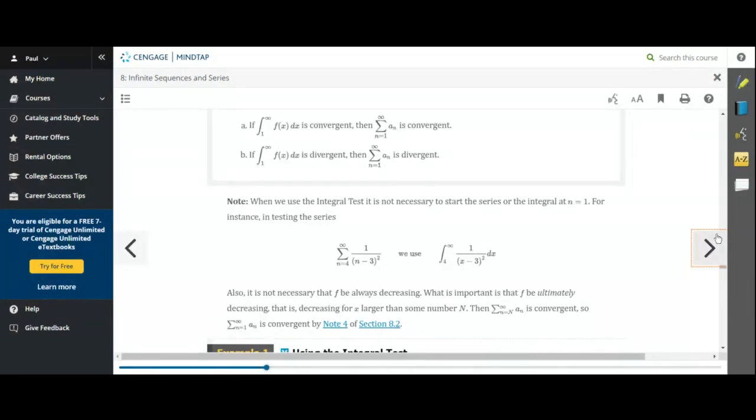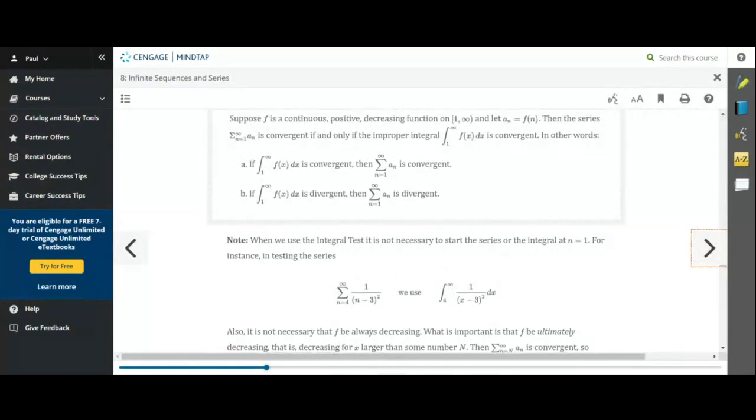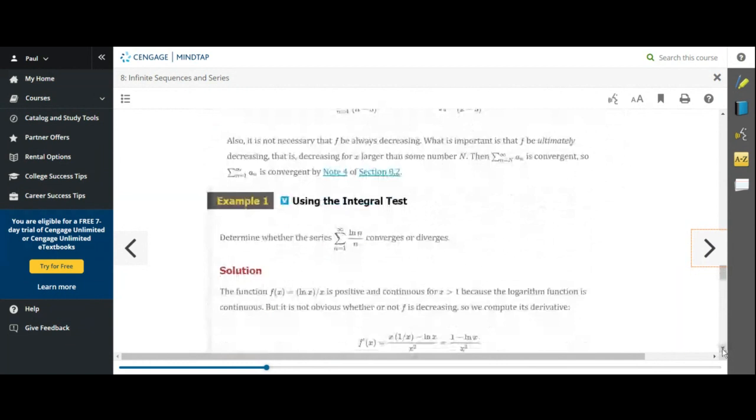It's stated where the improper integral goes from 1 to infinity, but you could start at 4 or 10. All that matters is that the series decreases to 0.